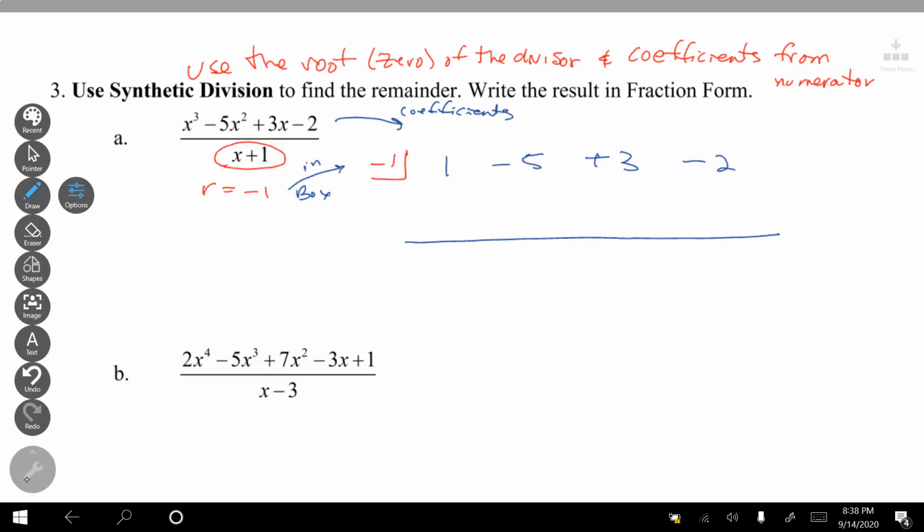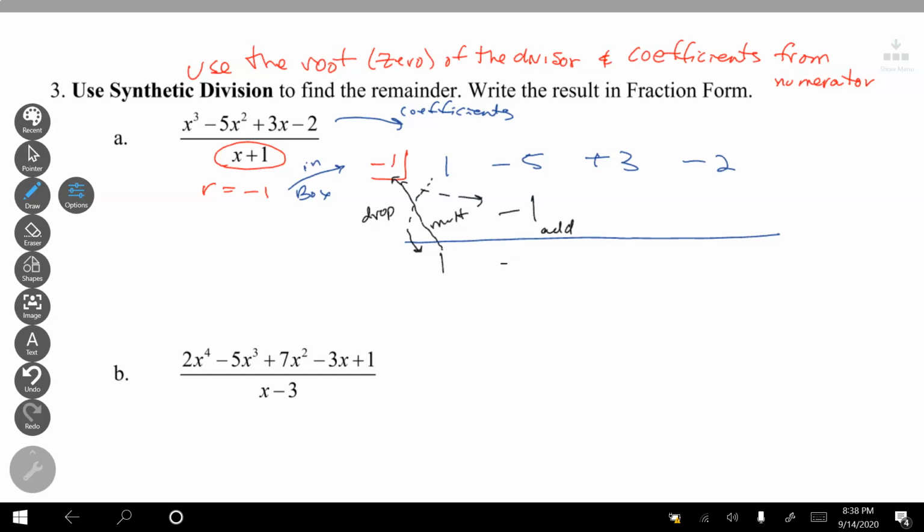Now, the first thing I do is I just drop down this 1. Then I'm going to multiply by the number inside the box and put it in the next column. 1 times negative 1 is negative 1. Now I'm going to add.